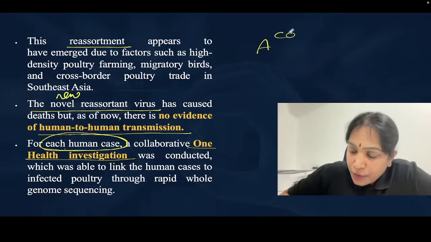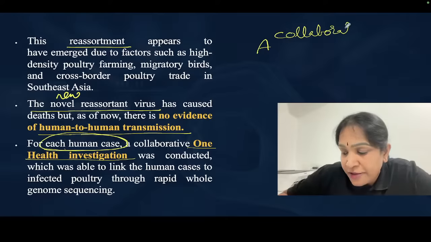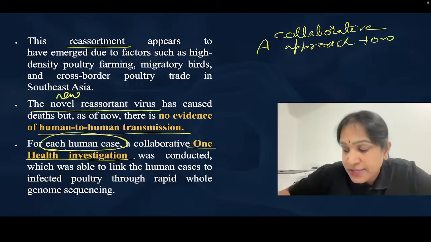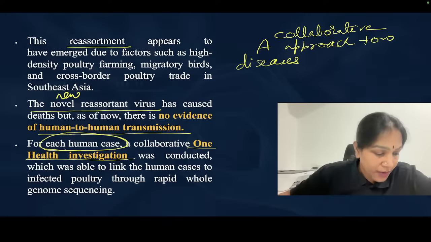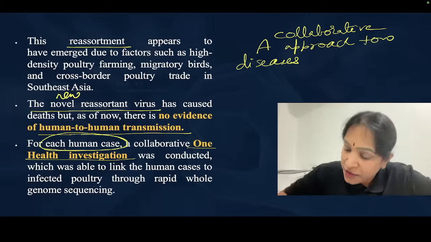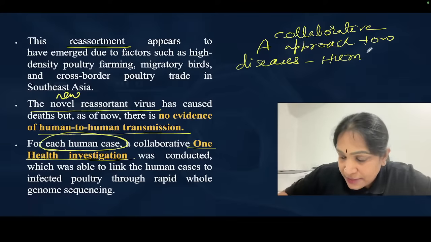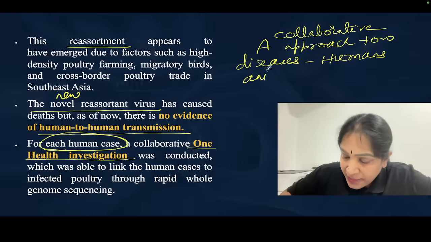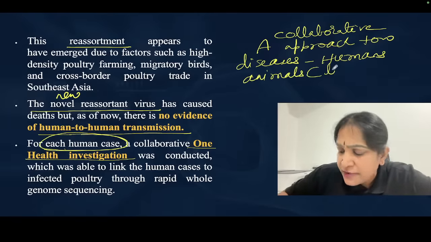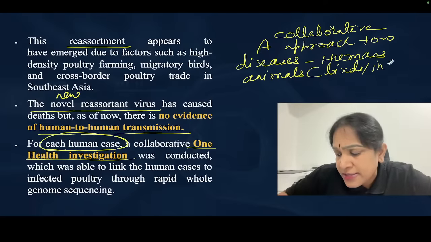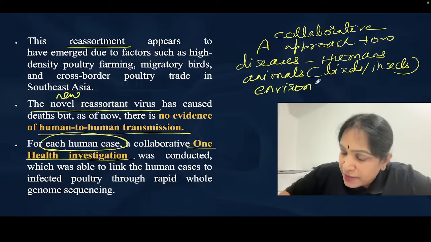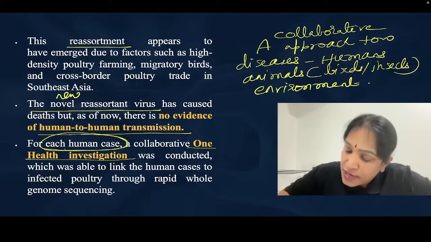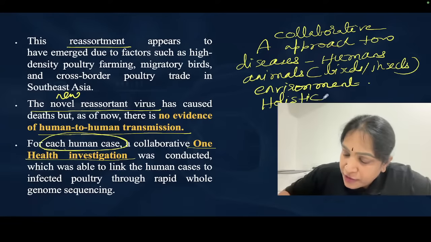One Health approach is a collaborative approach towards diseases where we consider, yes, Saurabh, correct, where we consider humans, animals. Animals means it will include birds or insects, all animals, and also the environment. Is it clear? It is a holistic approach. Clear for all of you?